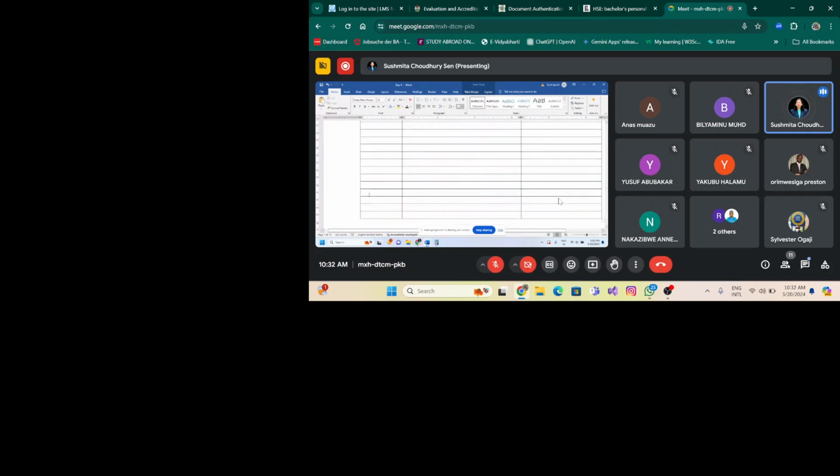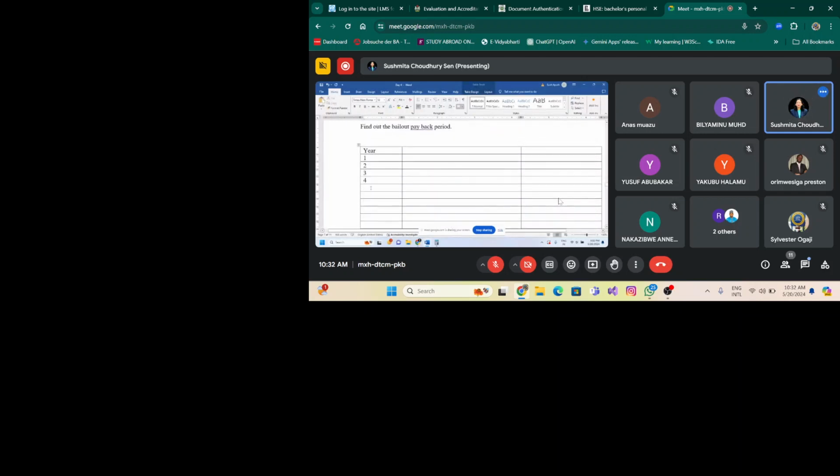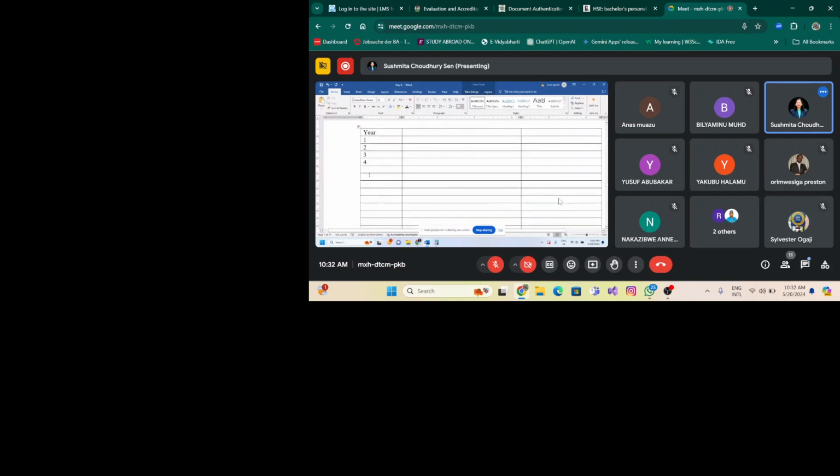Year, and how many years the machine is going to earn. According to the question, 10 years. So 1, 2, 3, 4, 5, 6, 7, 8, 9, and 10. So 10 years it is going to generate earning.